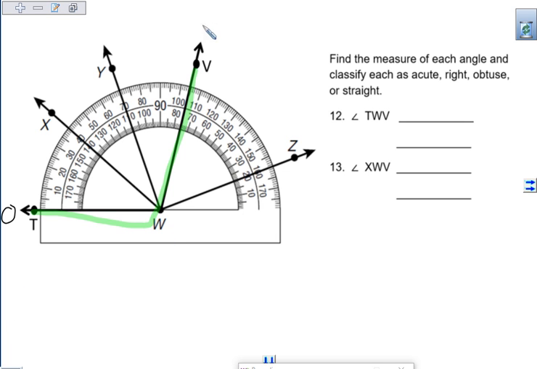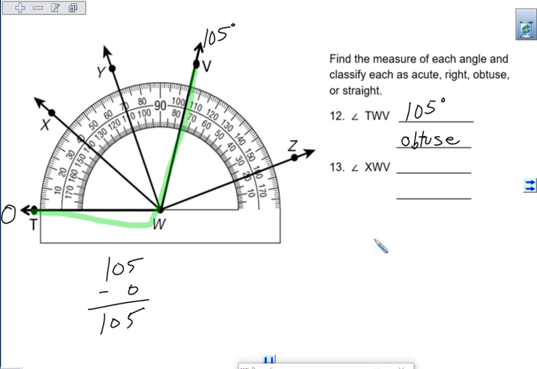And where's ray WV at? 105 degrees. So what's the measure of this angle? 105 degrees. Because 105 minus 0 is 105. And what kind of angle is it? Obtuse.